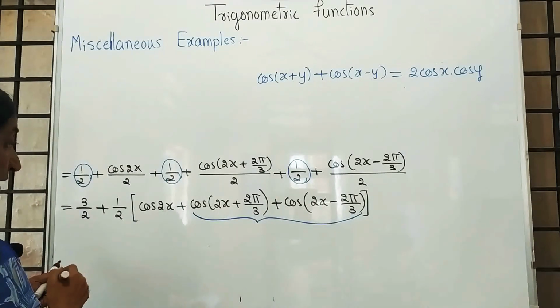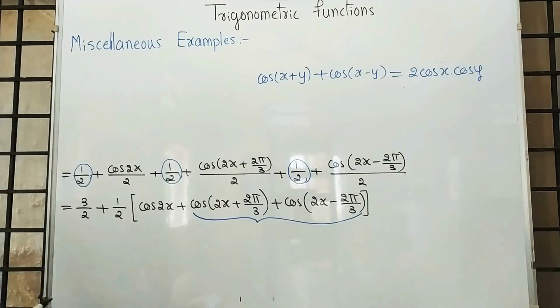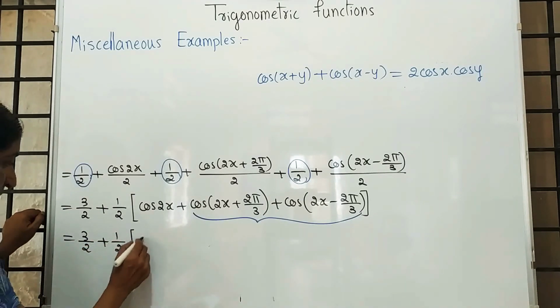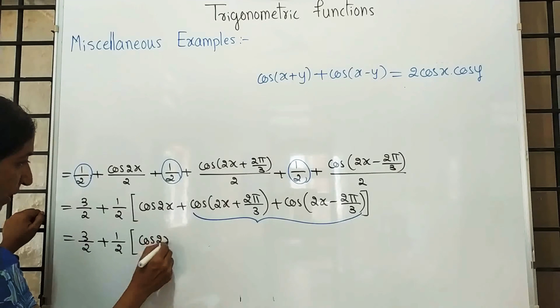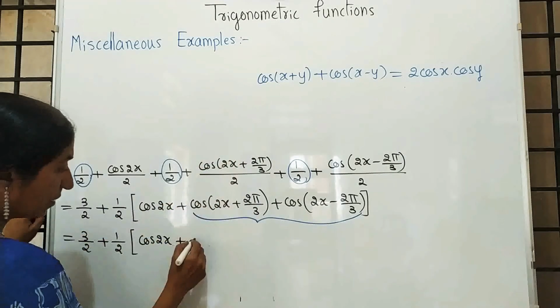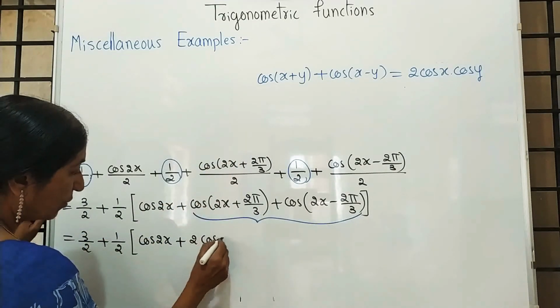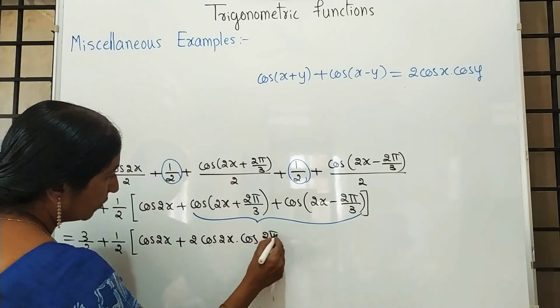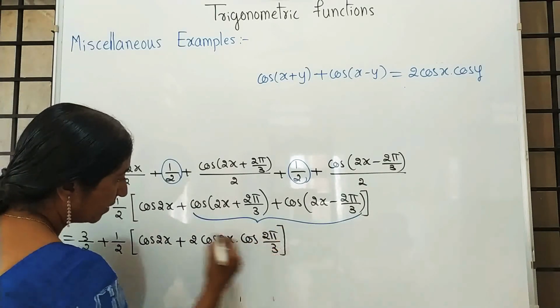So applying that formula, this is 3 by 2 plus 1 by 2 in the bracket cos 2x plus 2 into cos 2x into cos 2 pi by 3.